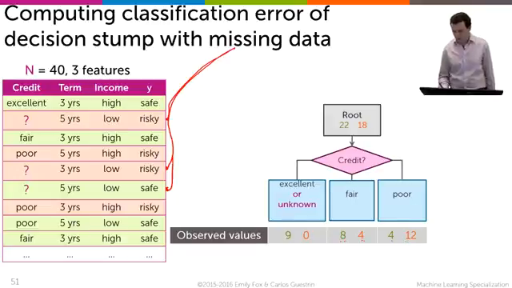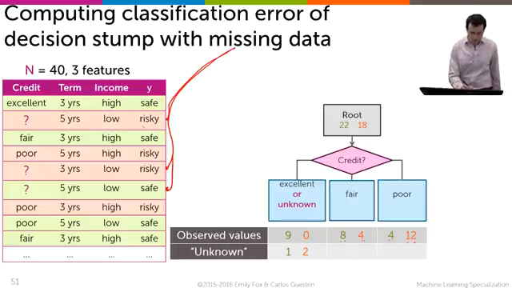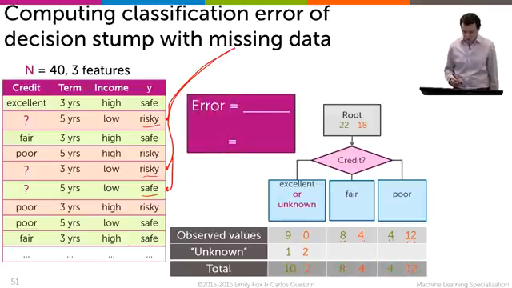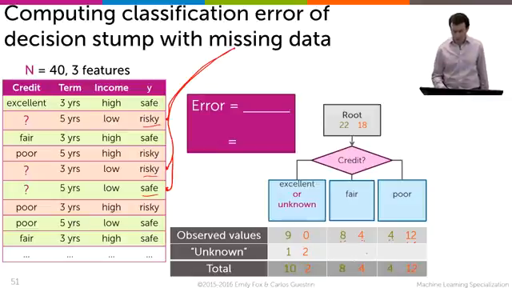And in the poor branch, we have 4 safe loans and 12 risky. Now, we have these 3 extra data points, and in these 3 extra data points, as you can see, there's 2 risky and 1 safe. So we're thinking about adding this 2 risky and 1 safe into the excellent branch. So what are the grand totals here? The grand totals are 10 safe and 2 risky inside the excellent branch, and then the same for the other 2 branches because we're not adding any extra data.